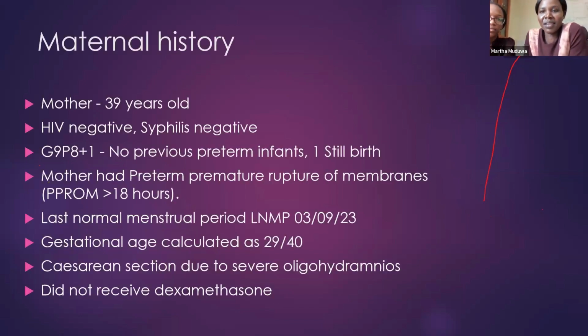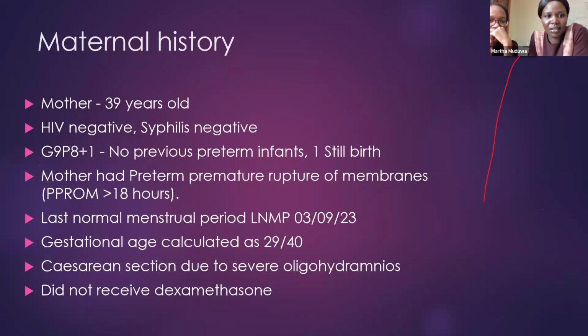So I have a mother by the name AS, and she's a 39-year-old mother who had both HIV and syphilis tests negative. She was a gravida 9 para 8+1 with no previous preterm infants, but had one stillbirth. She had preterm premature rupture of membranes.